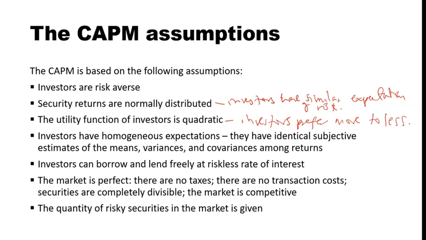These are the assumptions, ladies and gentlemen, and we just have to name a few of them in the exam. We are not required to derive the quadratic utility function, or to prove or disprove it, in this particular exam.